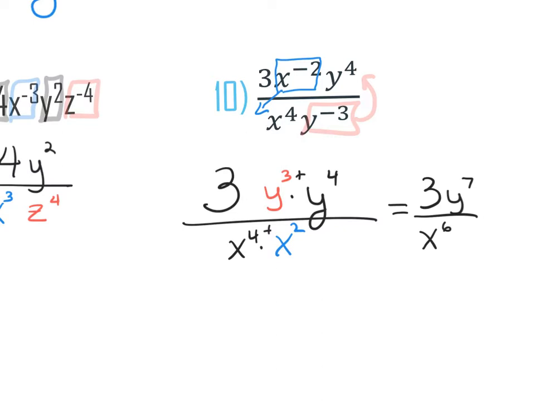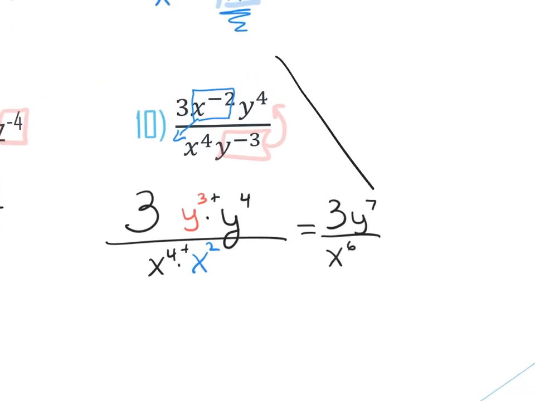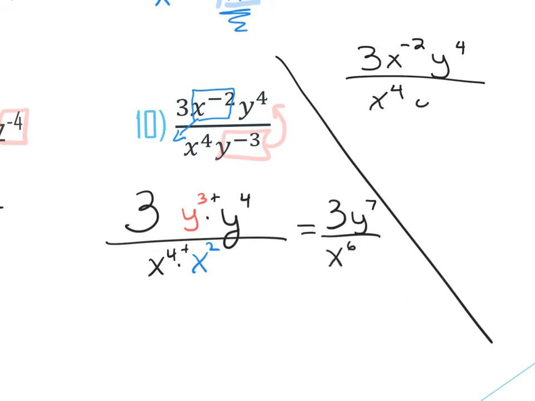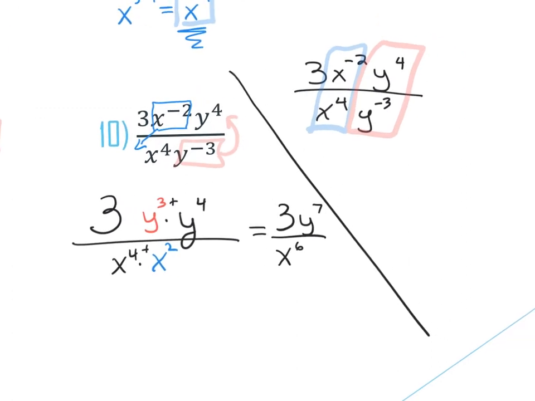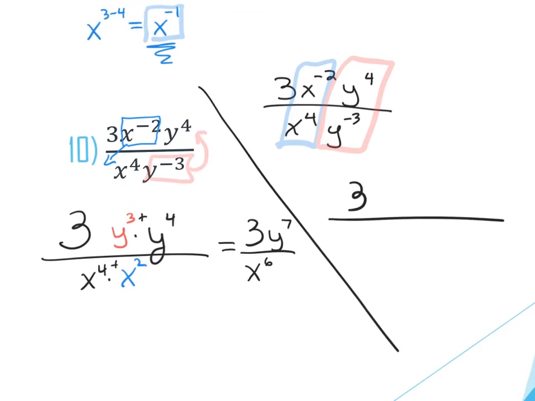The other way is you could use your division rules. So let me rewrite the problem. I can take the x's and subtract them, and the y's and subtract them. Now the 3, there is nothing to simplify with it, so it's going to stay in the numerator. Now for my x's, if I do negative 2 minus 4, you see how you get x to the negative 6?